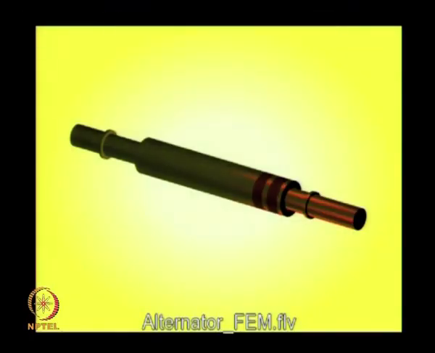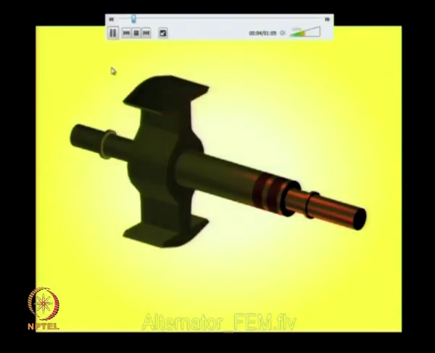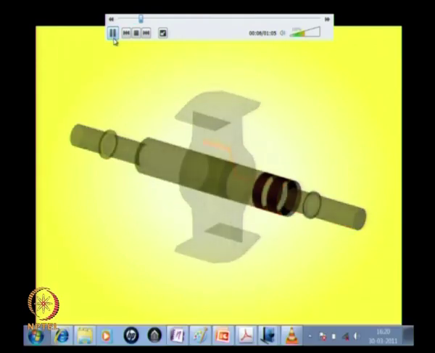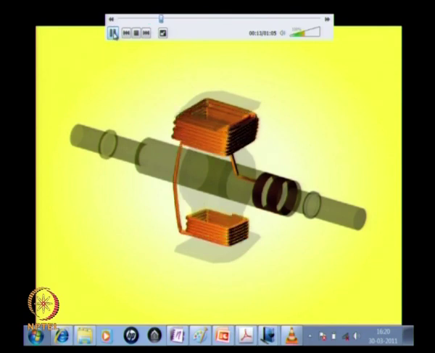So here we have an animation of the machine assembly. This is not the way the actual machine may get assembled, but it is essentially meant to understand what the geometry looks like. So here you see the machine shaft, and on that the two rotor poles have now been inserted, and on this the field winding is now getting wound.